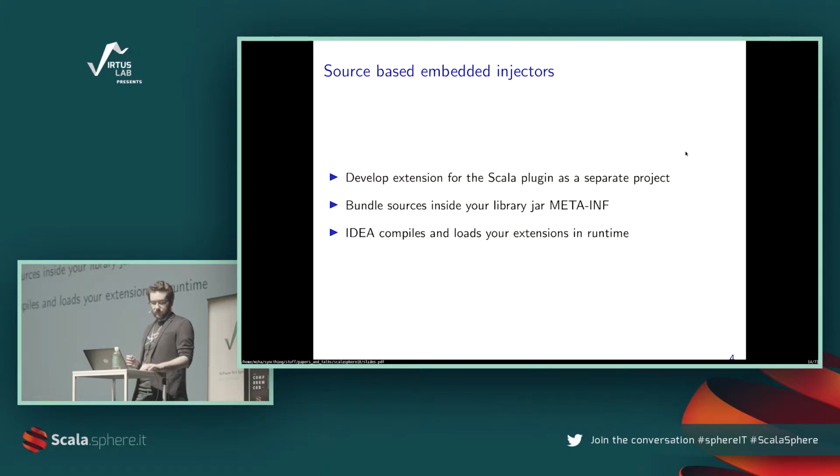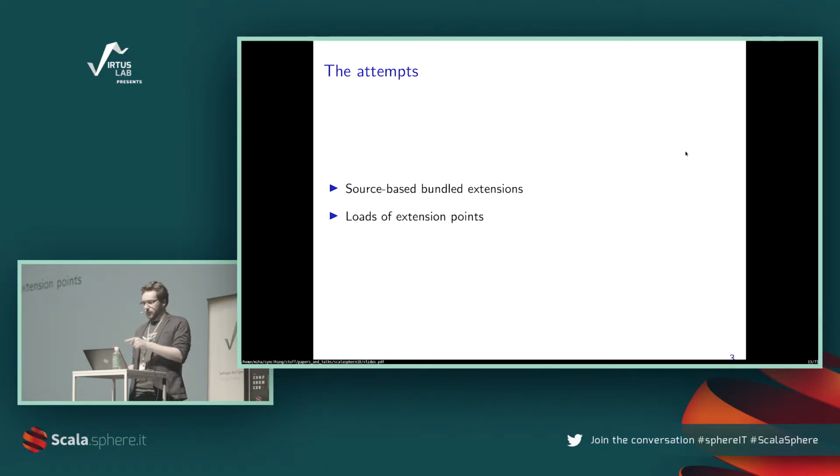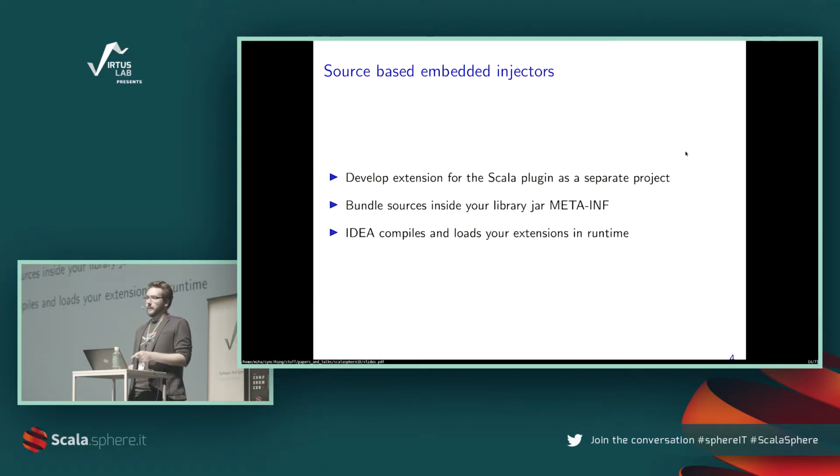So regarding the first one, the source-based injectors, they would require you to develop a standalone project based on the Scala plugin. It would basically use the extension points which I mentioned in the previous slide.